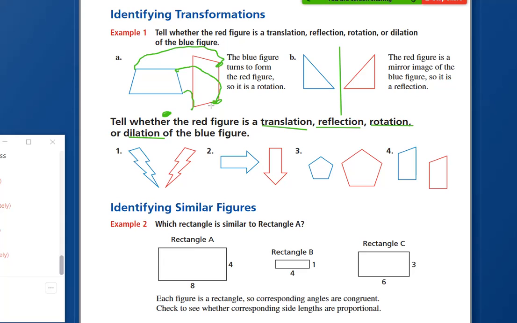Let's hear a few more. I got a vote for translation, a couple of votes for reflection, 1 vote for dilation. Which one is it? Come on, guys. Try. Just take a guess. You learn more if you do.